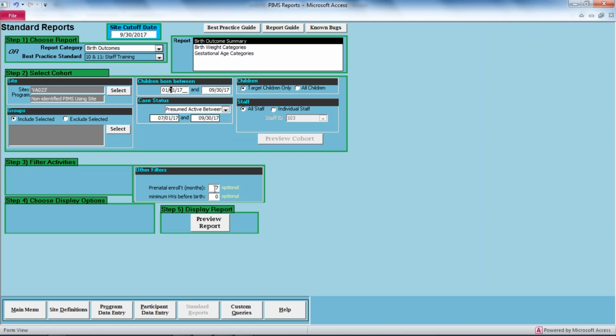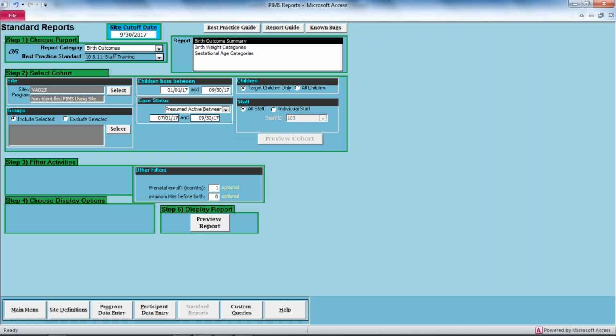I think for most sites that would reduce you to almost nothing, almost no cases. Our standard has always been that they're enrolled at least 1 month. We don't set a minimum number of home visits before birth as a standard, so you can leave that as 0. That means anybody who had a home visit, they're enrolled, they'd be included in this.